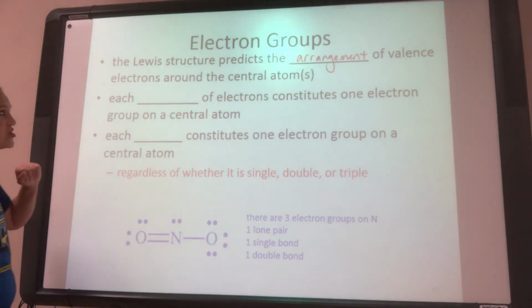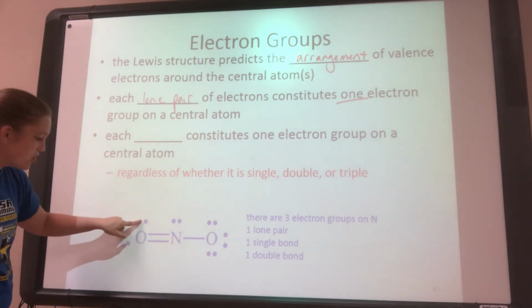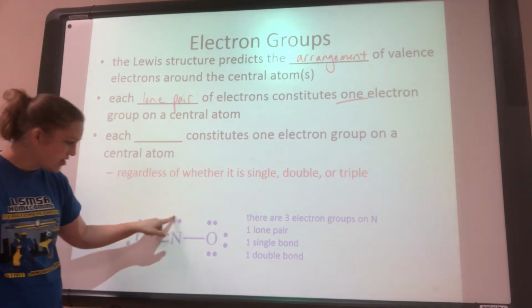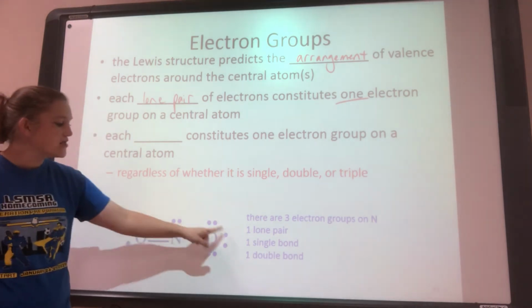Each lone pair of electrons constitutes one electron group. So this is one electron group, one, one, one, one and one. Every lone pair is an electron group.